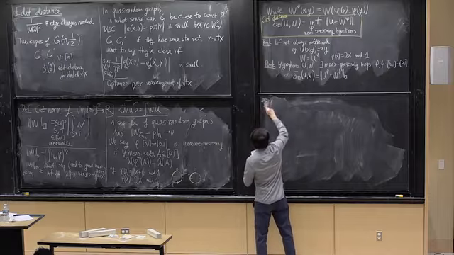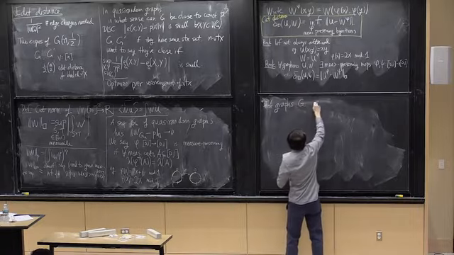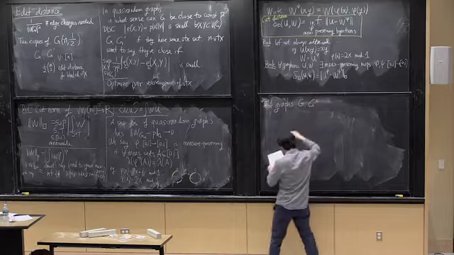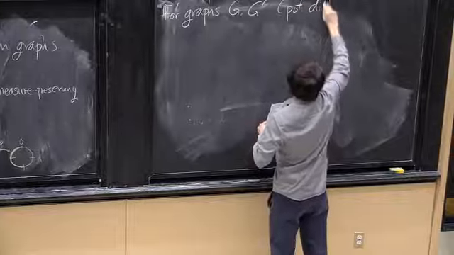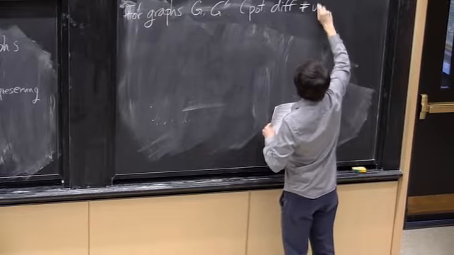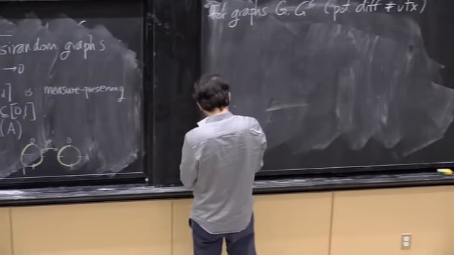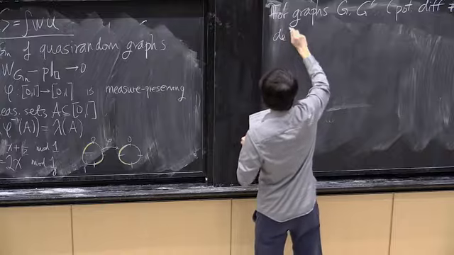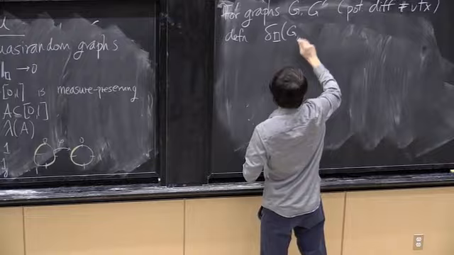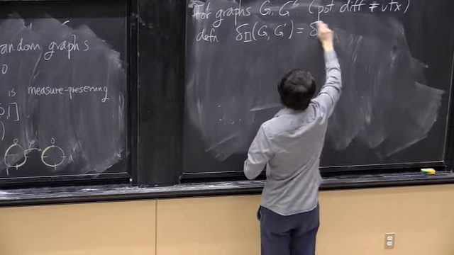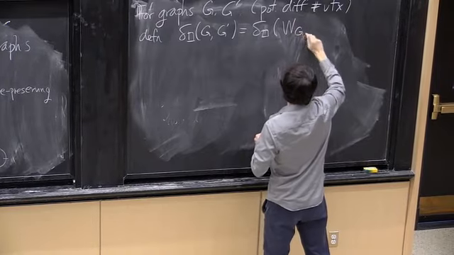So for graphs G and G prime, potentially even with different numbers of vertices, I can define the cut distance between these two graphs to be the distance between the associated graphons.